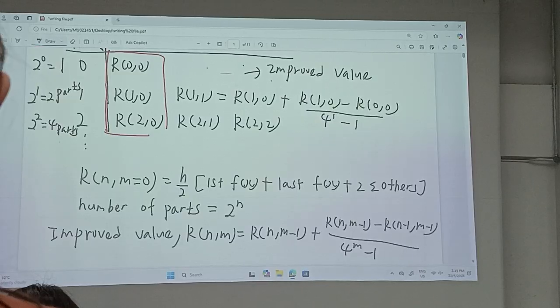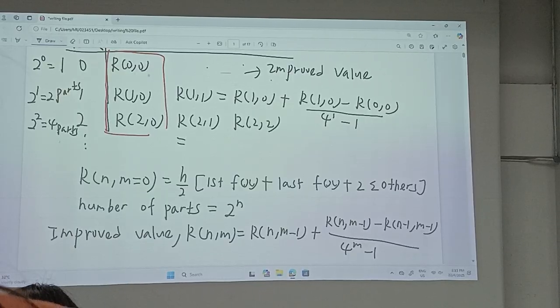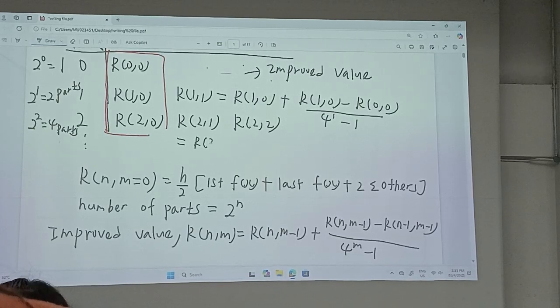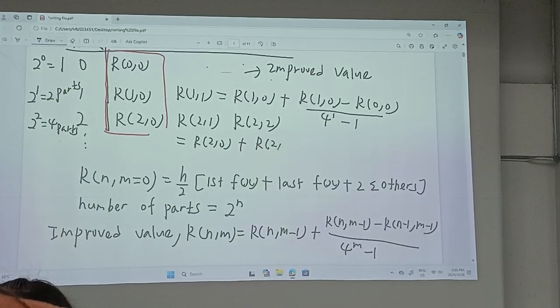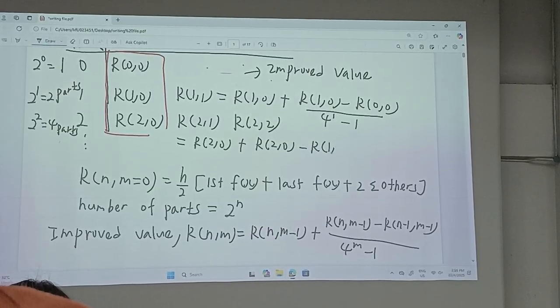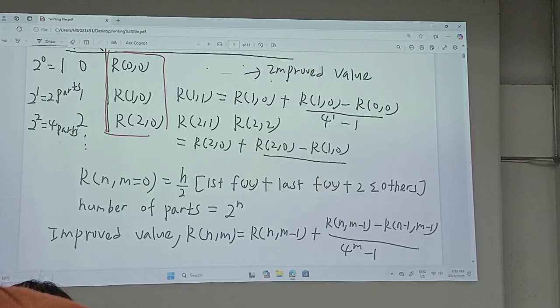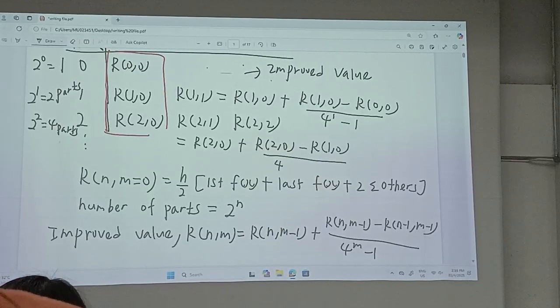Okay. So how to get R21? Consider the previous column. Okay. So take these two values. So R20 plus R20 minus R10, then over 4 power of m.